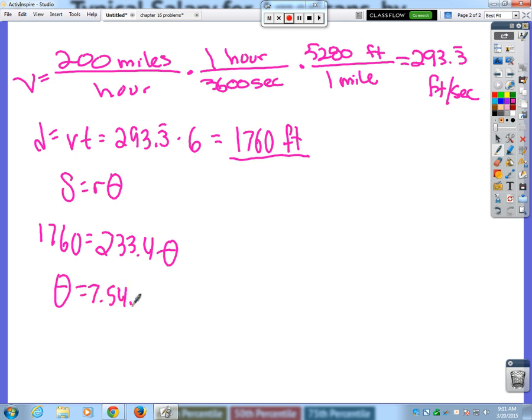7.54 radians. Okay, which really means nothing to us because we were raised in degrees. So can we change that into degrees so we get a sense of how many revolutions we have? So 7.54 times 180 divided by pi is 432.0. So we'll go 432 degrees. All right.